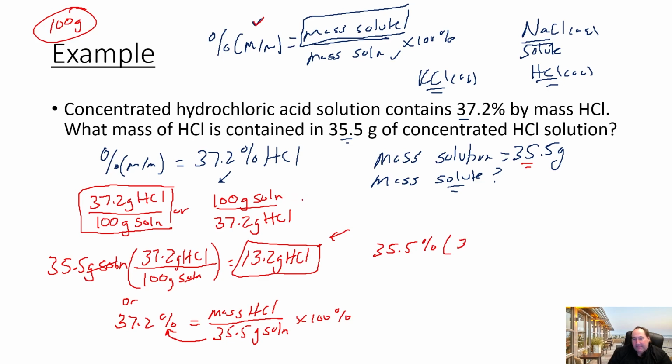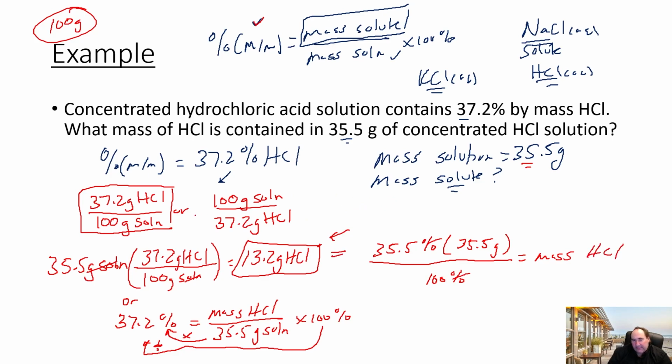We would times it by 35.5 grams, then divide it by 100 to this side. So divide and multiply, and we would have our mass of HCl, which would equal the same thing. So if you want to plug and chug, it's really the exact same math as doing more of a dimensional analysis approach. And sometimes with these percent concentrations, assuming 100 grams and turning them into a usable conversion factor is really, really helpful.